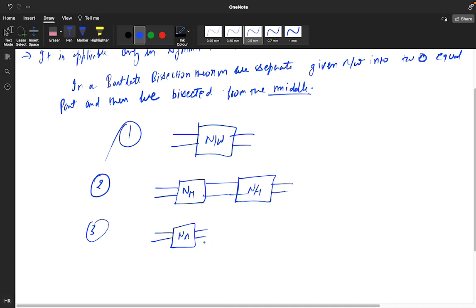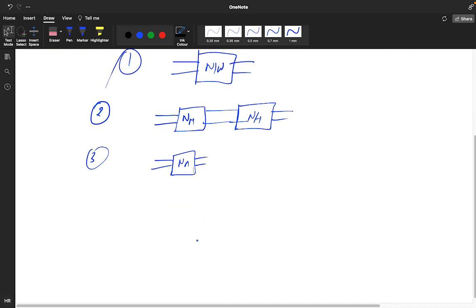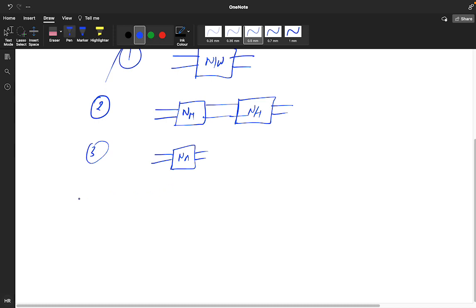I will show you with the example. And in this half network, you need to find the open circuit parameter ZOCH, while making I2 equal to 0.